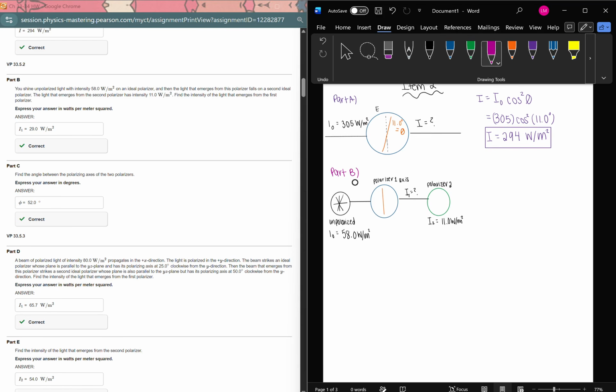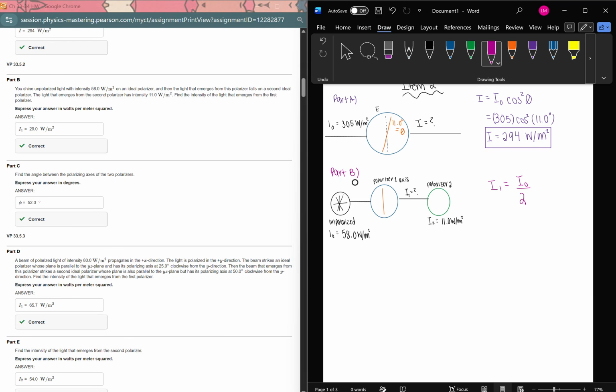Okay, so let's start. Since the light is unpolarized, the chapter explained that an ideal polarizer transmits 1/2 of the incident intensity. So the intensity after the first polarizer is going to be the unpolarized light intensity over 2.